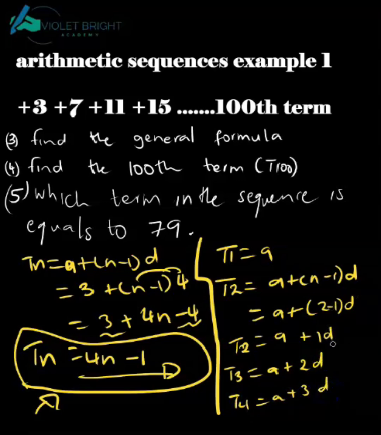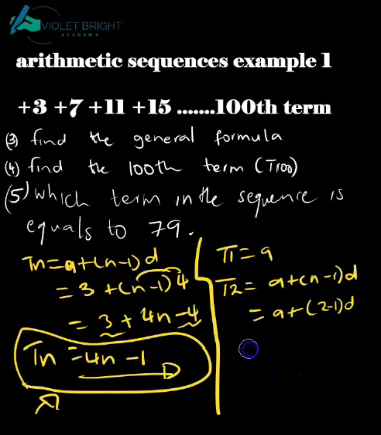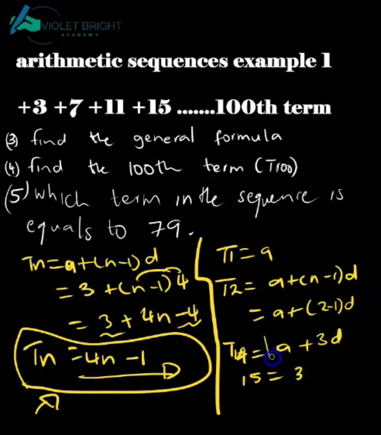So if now we know that we are looking for T4 here, we can just basically use this. T4 is equal to A plus 3D. Let's just prove that it's gonna give us the correct thing here.